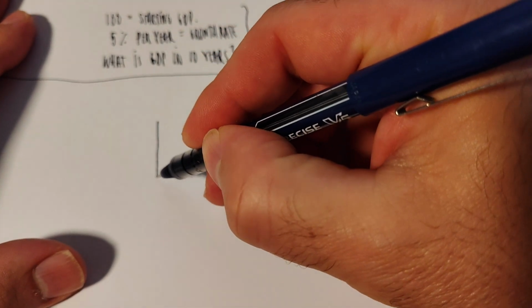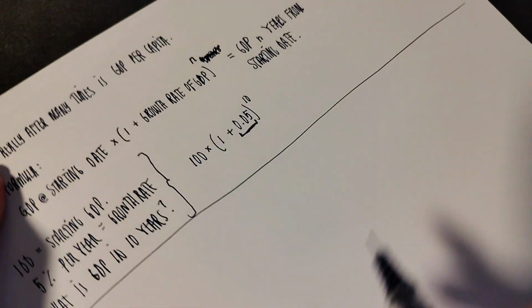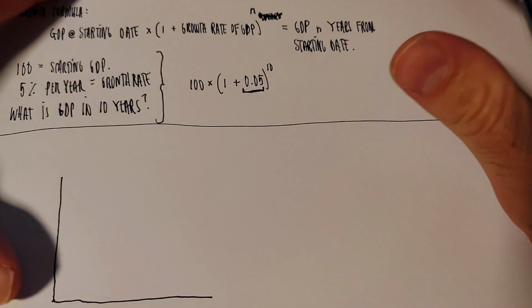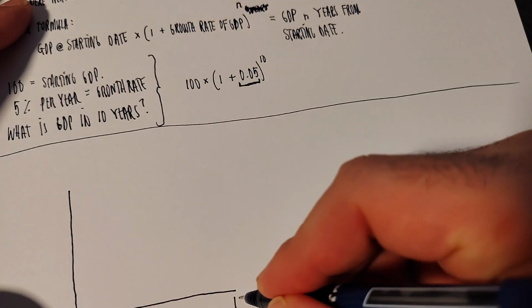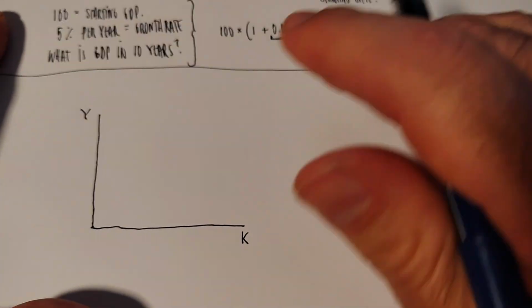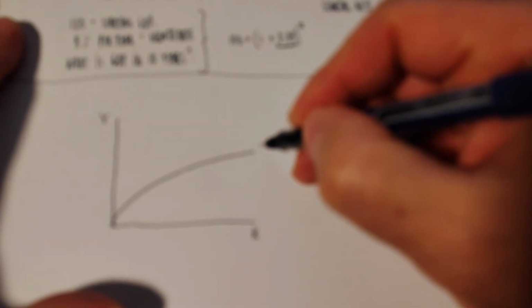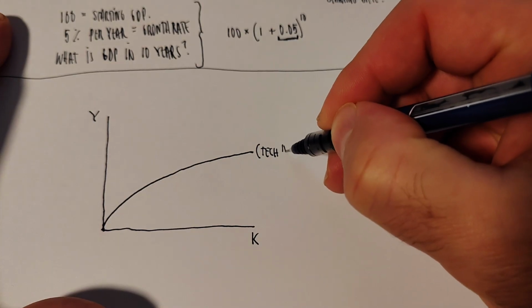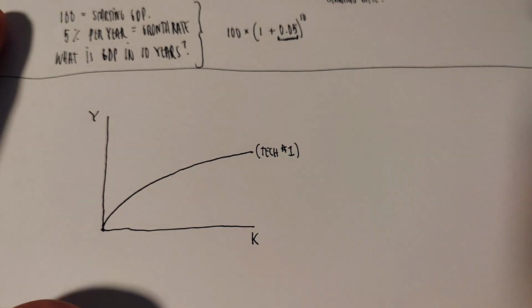So if we were to draw that over again, we would have capital down here, output up over here, and then we would have this production function here. And this is with technology level number 1.